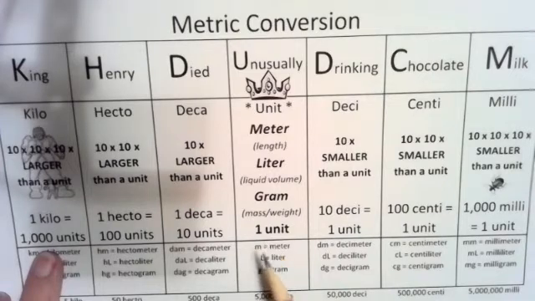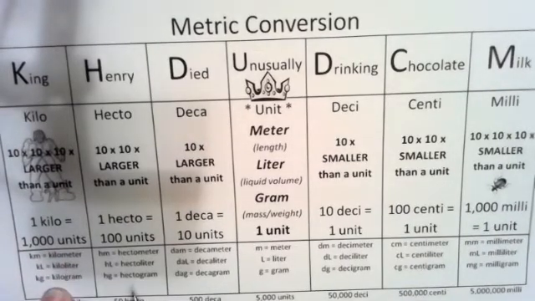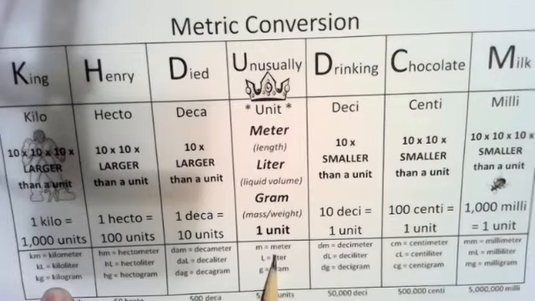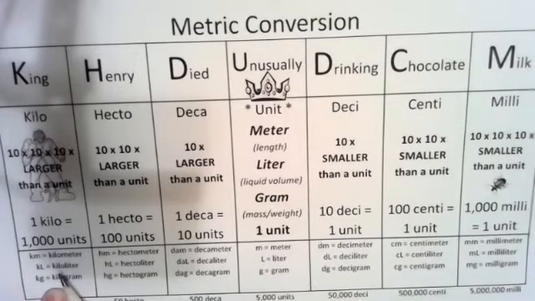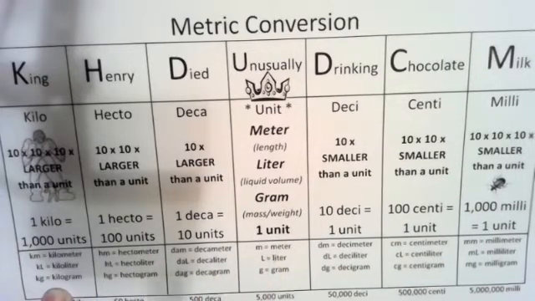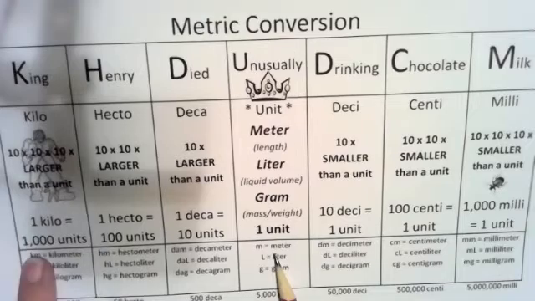So 1 meter is 0.001 kilometer. If we start with the kilometer, and you want to know how many meters are in 1 kilometer, you're going to move the decimal to the right 1, 2, 3 times. So 1 kilometer is 1,000 meters.